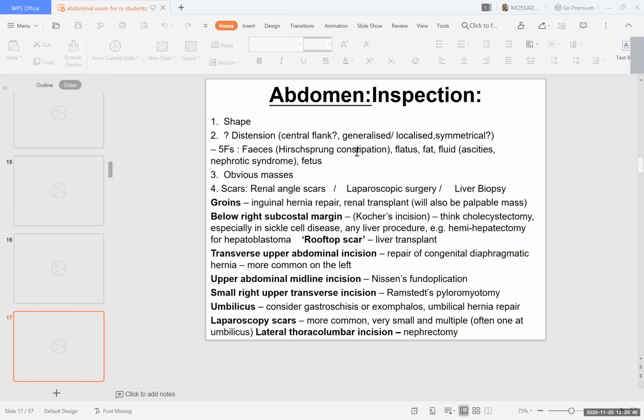And if it's laparoscopy scars, a very common one, and also lateral thoracolumbar incision, which can be nephrectomy for previous history of renal damage or renal failure. That's all, doctor.